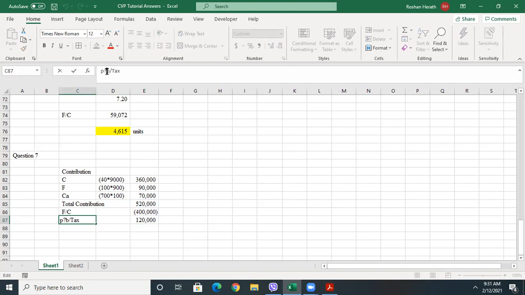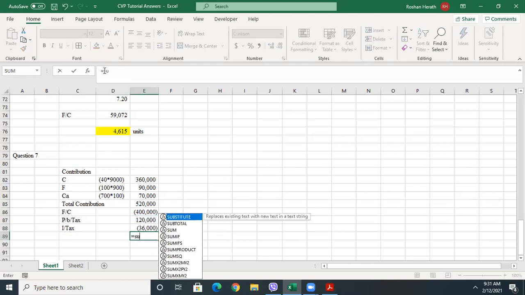If you apply the income tax, the question says the income tax rate was 30%. 120,000 into 30%, 36,000 tax. That is your income tax. Consequently, you can take the profit after tax.